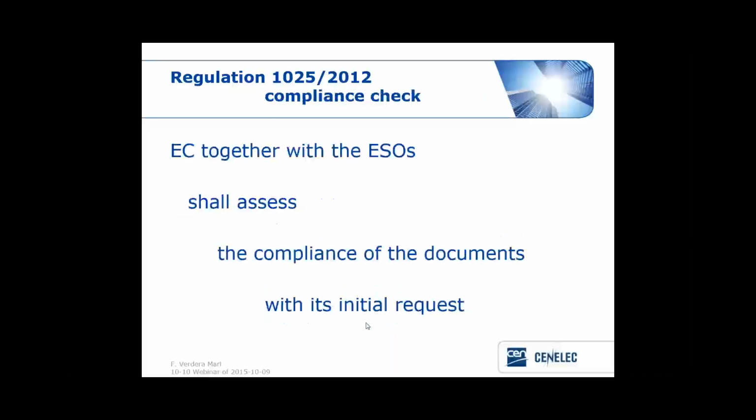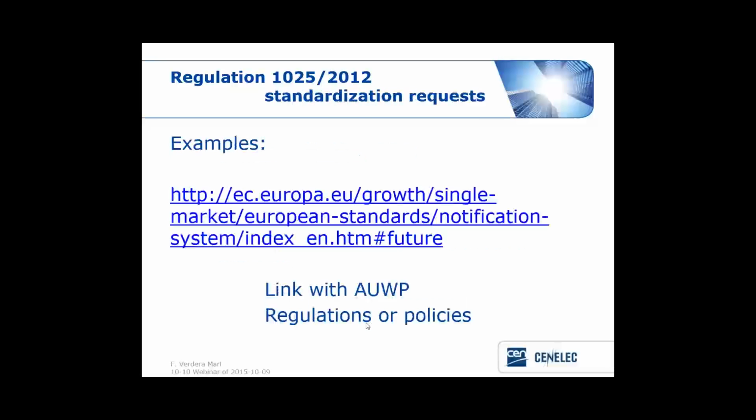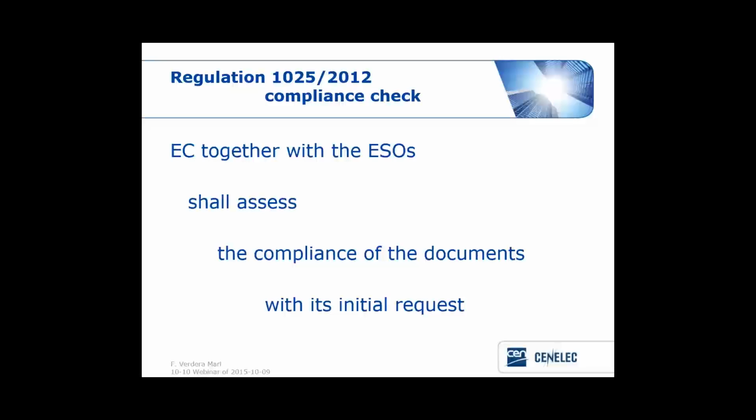The thing is that at a certain moment, CEN, CENELEC or ETSI, before the target date which is set in the draft standardization request, develop the European standard, and the standard is offered to the Commission. And then Regulation 1025, Article 10 says the EC, the European Commission, together with the ESOs, which are CEN, CENELEC and ETSI, shall assess the compliance of the document with its initial request.